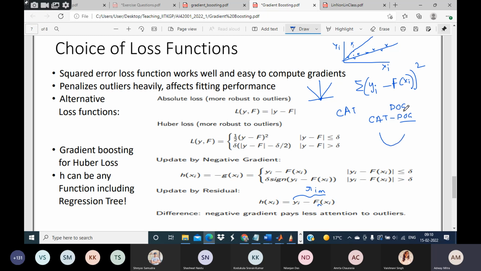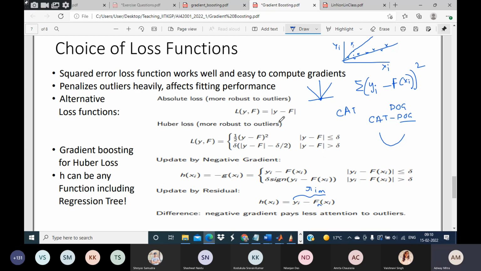So the nature of the function is more amenable. In general, when we want to do something like gradient descent, people usually prefer this loss function because it is easier to calculate the gradients and descend along it. There are also certain other convergence properties for which they prefer this. But at the same time, as I said, it has its disadvantage with respect to outliers.